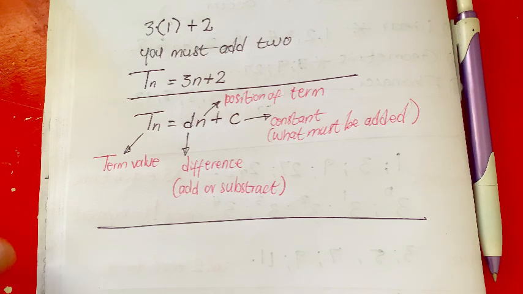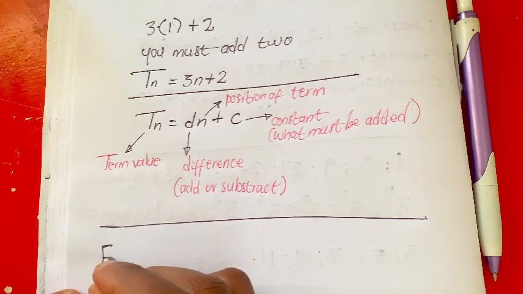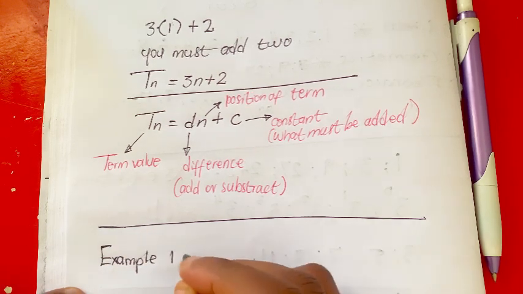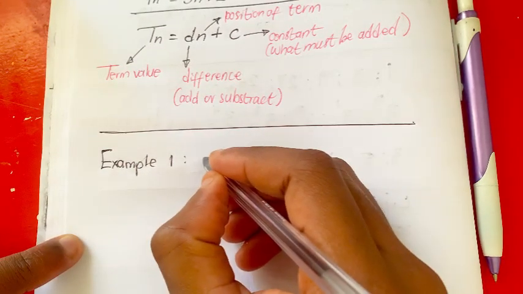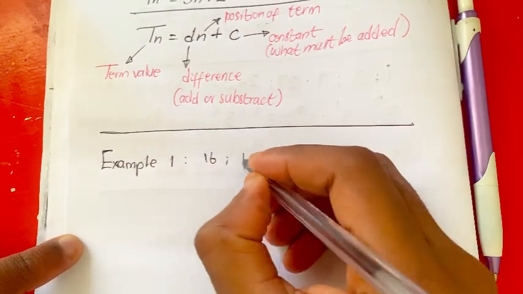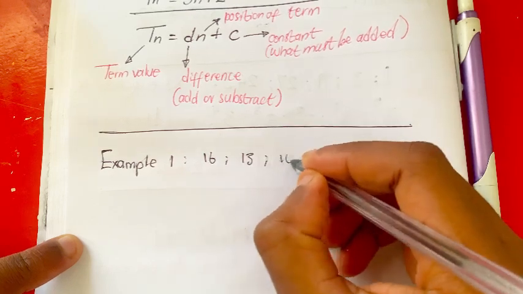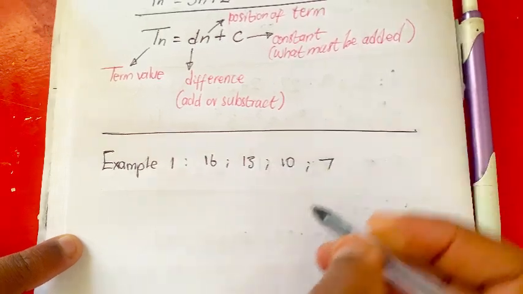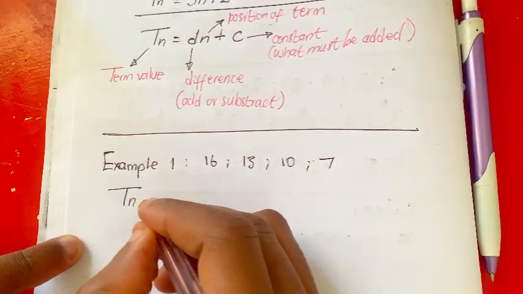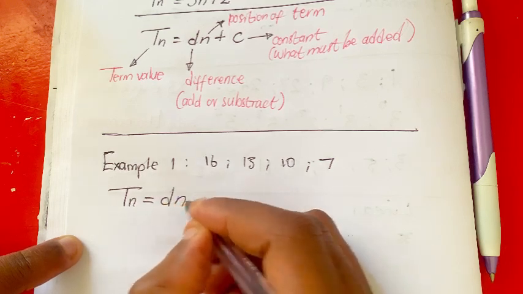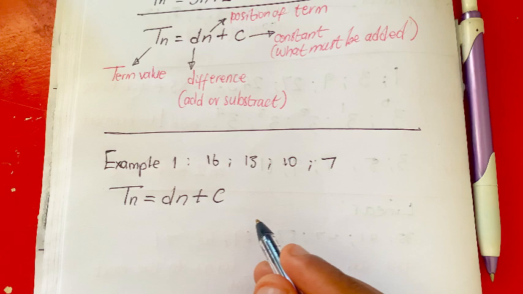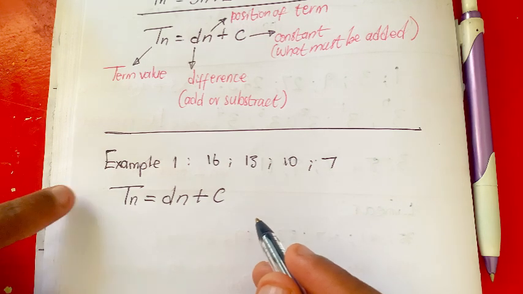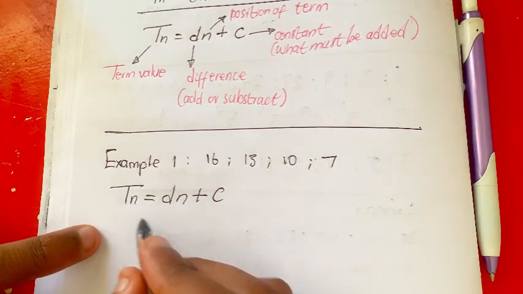Let's say now, first example. We have 16, 13, 10, 7. We know that our formula is this. Okay. So first, we need to find our difference. What is our difference?